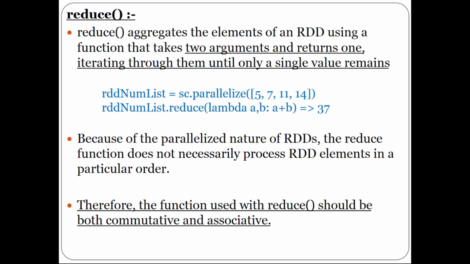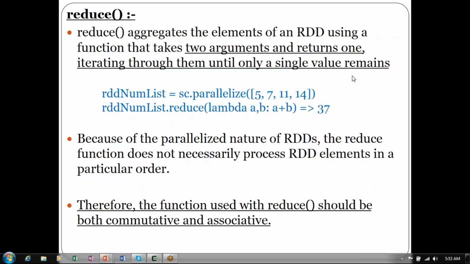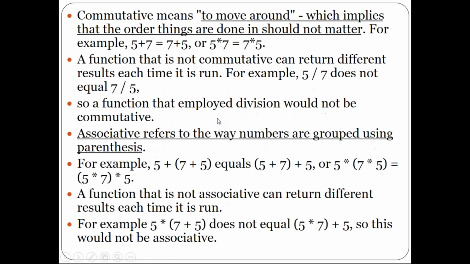Commutative means the order of executing the task. Associative means grouping the data before the transformation is applied. These two conditions must be satisfied. Somebody is asking a question. No problem. Cool. Let's go down. We are clear till this point.